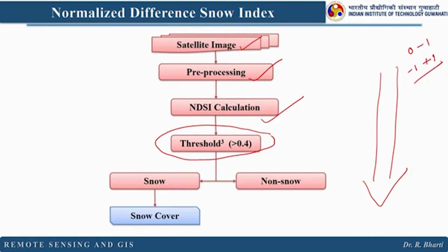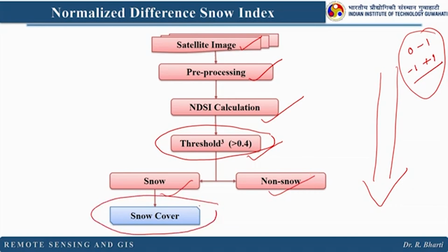These are fractions, so you need to find a threshold, after which your objects are highlighted. If you use 0.4 in case of NDSI, it will give you snow and non-snow areas, and once you have that, you can easily estimate the snow cover in hilly regions.